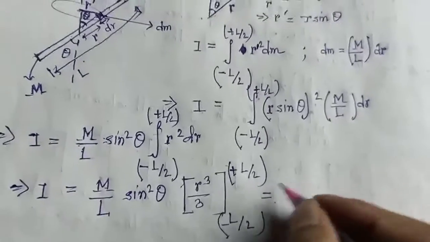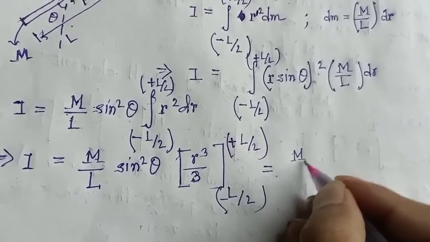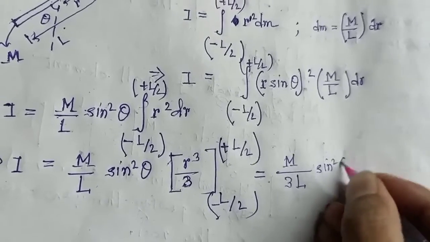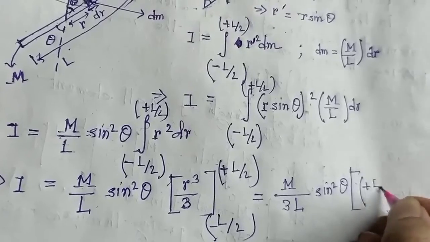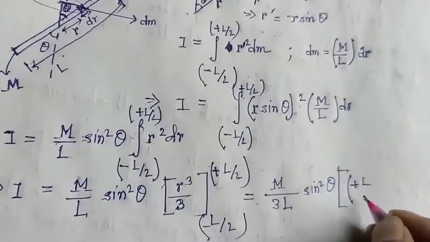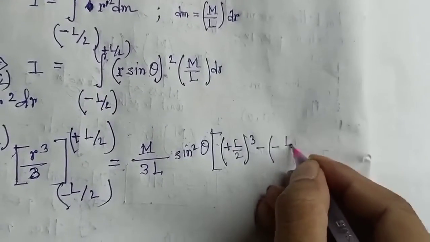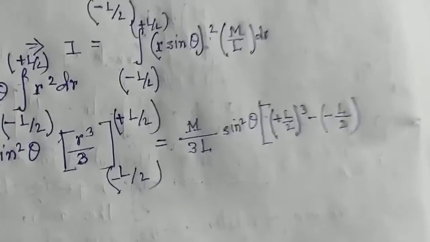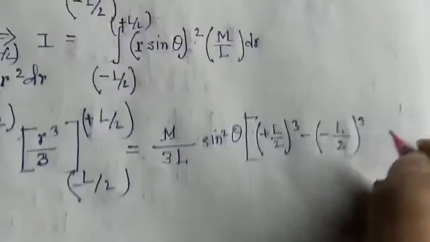As the 3 is constant, after calculating it will be m divided by 3L sine square theta, times the upper limit, plus L by 2 whole cube, minus the lower limit, minus L by 2 whole cube.